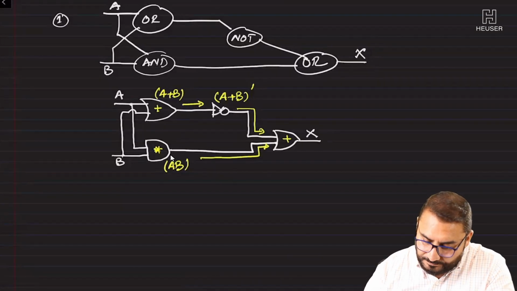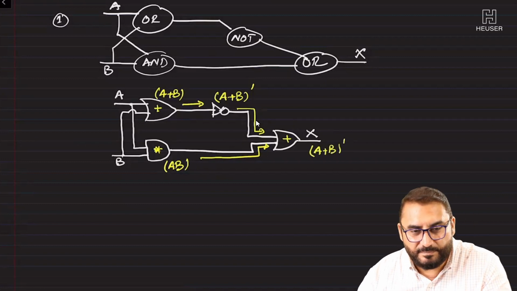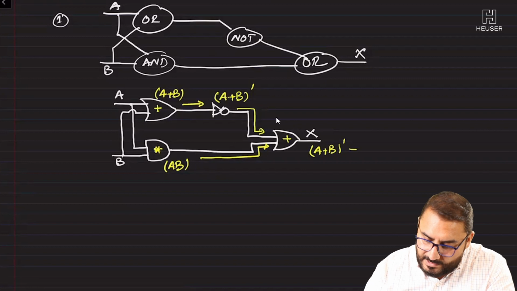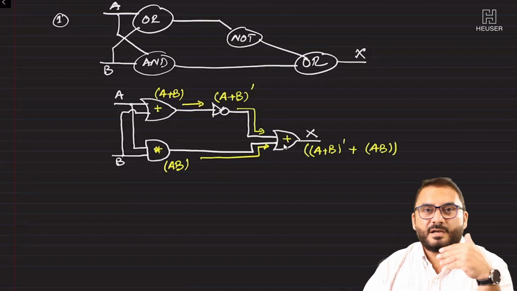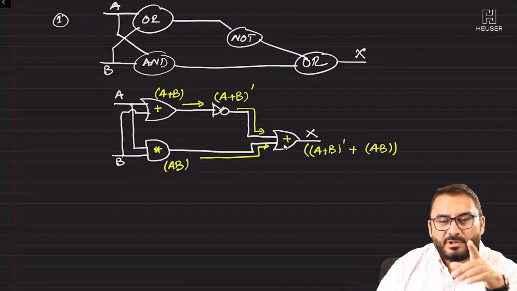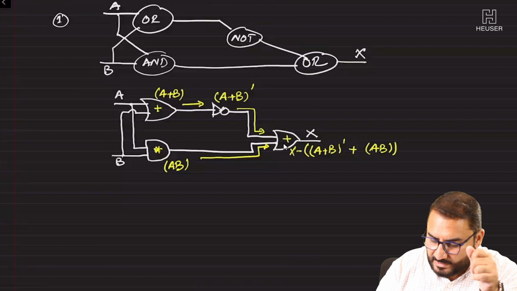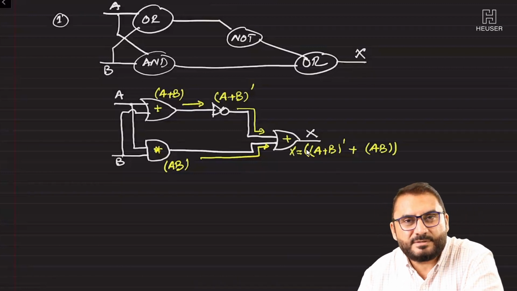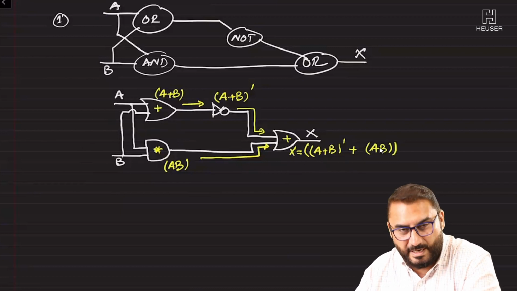So this would be A plus B whole NOT coming in from the top, and this itself is the OR gate, and then we have AB. Then we have to put another bracket for this OR gate. So every time you get out of a gate, you have to put the equation, which is the output of the gate, into a new set of parentheses, and the whole thing will be assigned to X. So this is basically the equation that is representing this particular circuit. X is equal to A plus B whole NOT plus AB.